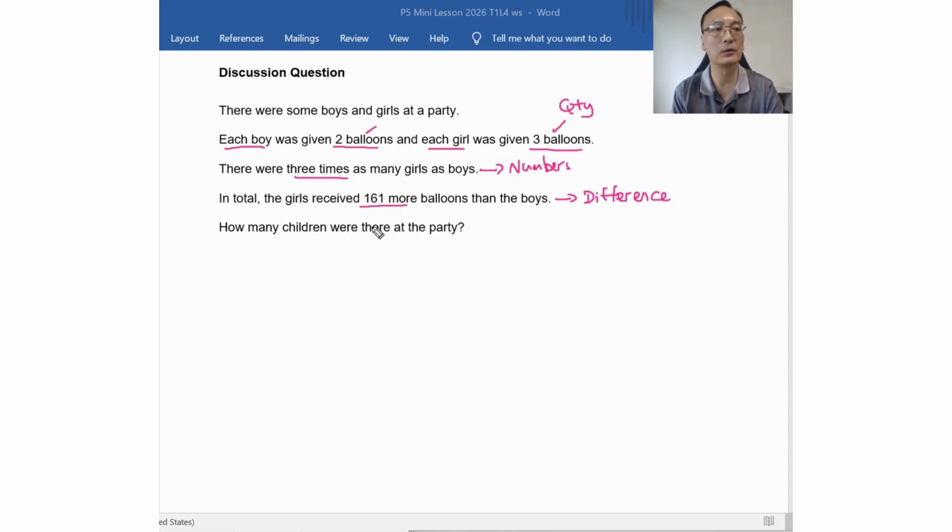So now we're going to construct our table. Okay, we will have the number and the quantity. And over here, we will have the total.